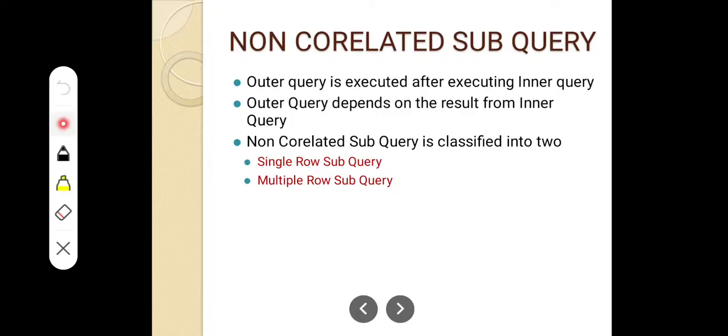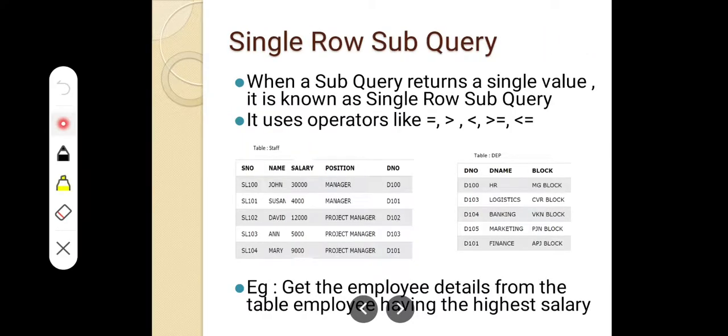So what is a single row subquery and what is a multiple row subquery? Let us give the details. What is a single row subquery? When a subquery returns a single value, it is called a single row subquery. That means the inner query is giving only a single value. Suppose we are retrieving the largest amount or the highest amount in a given table.